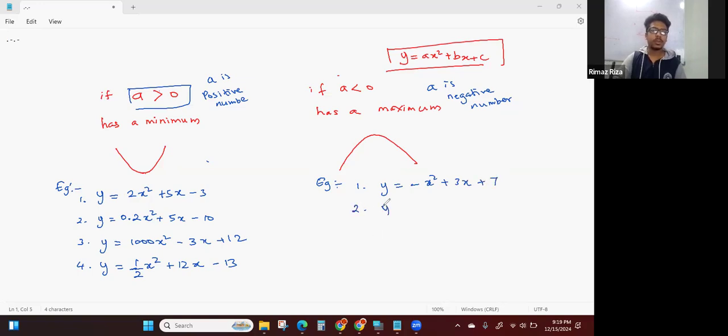Another example, y equals minus 13x squared plus 2x plus 20. So here only the condition is the coefficient of x squared should be negative. Okay, do you all understood?